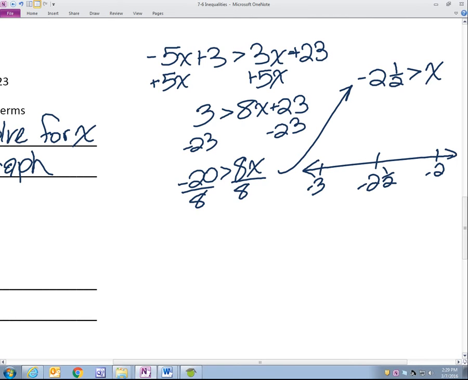I'm going to graph that. It's an open circle, and if I want to test which direction I go, I'm going to test this point right here, which would be negative 2. Is negative 2 less than negative 2.5?